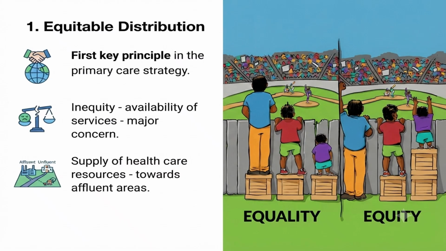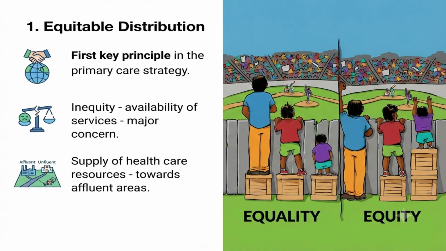So after this primary healthcare concept, primary health centers, sub centers, and Anganwadi centers were established in rural areas, and they are the backbone of healthcare services in the rural areas till now. In the olden days, the supply of healthcare resources was more towards affluent or urban areas compared to rural areas. But now we are trying to cut that down with the help of this primary healthcare concept, that too the equitable distribution principle.